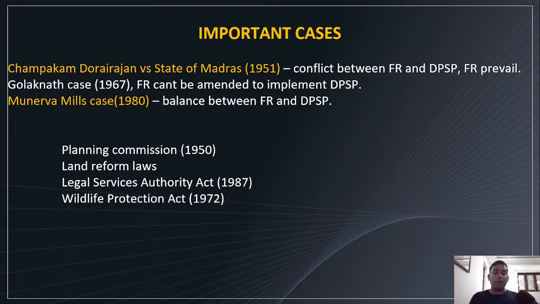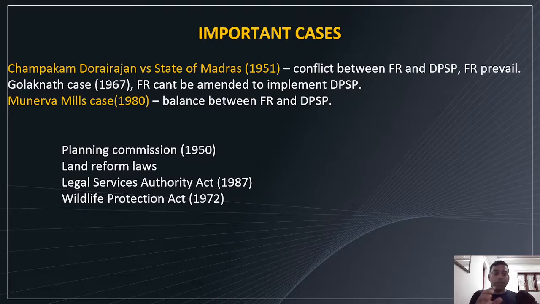Then the Legal Services Authorities Act 1987. You might have heard of NALSA, the National Legal Services Authority. It's an authority that provides free and effective legal aid to the poor and deprived part of our society. Then the Wildlife Protection Act 1972 is another example, which is to protect our wildlife, the forest.